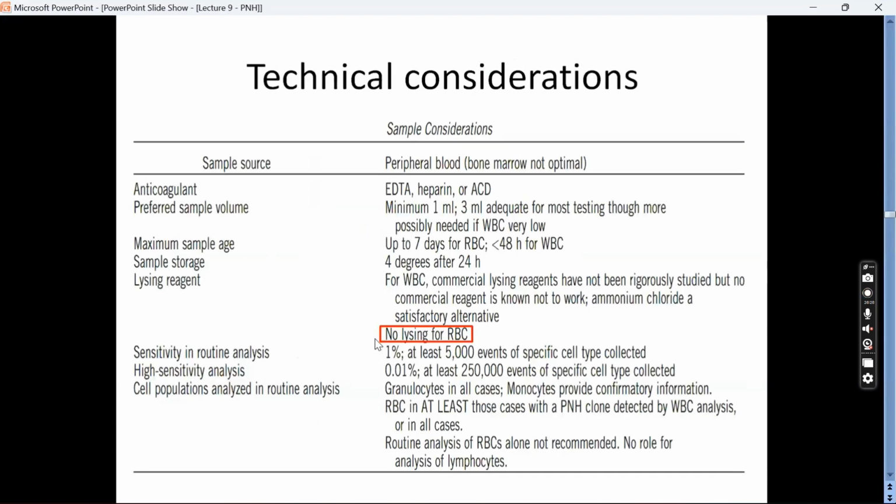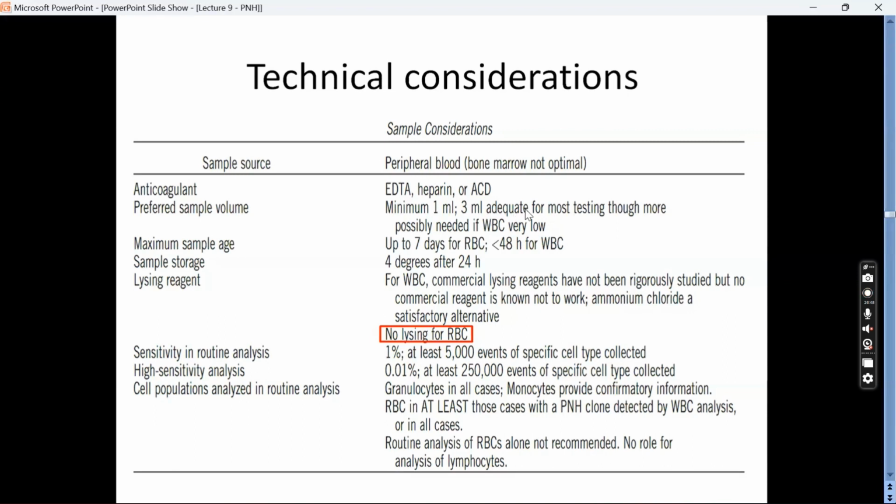Okay, so what are the technical considerations in PNH? The anticoagulant we commonly use, as for other assays, is either EDTA or heparin. The preferred sample volume is a minimum of 1 ml, or 3 ml, which is more adequate.